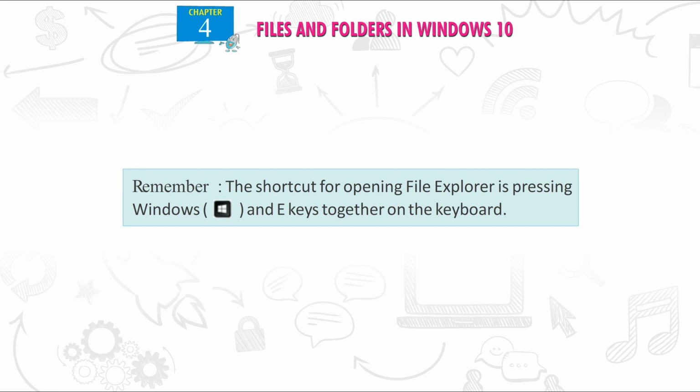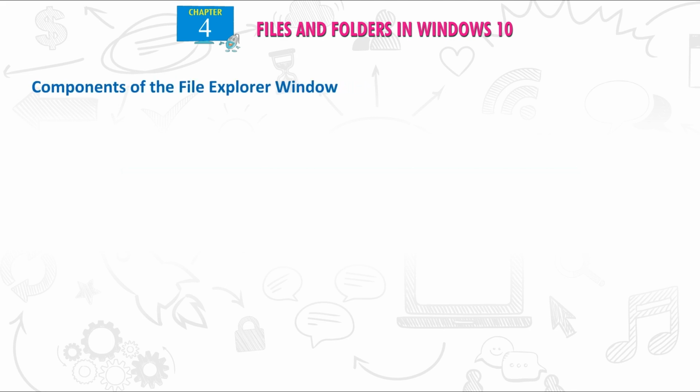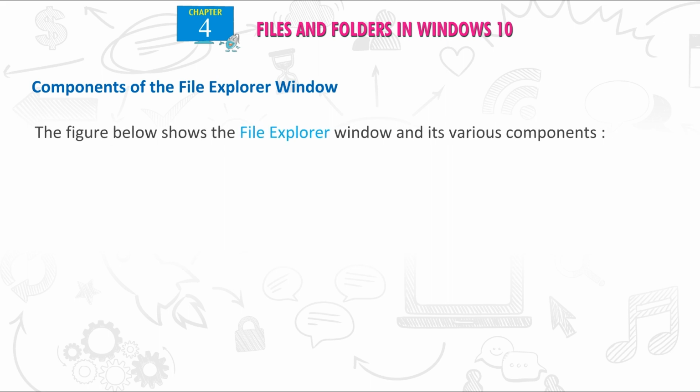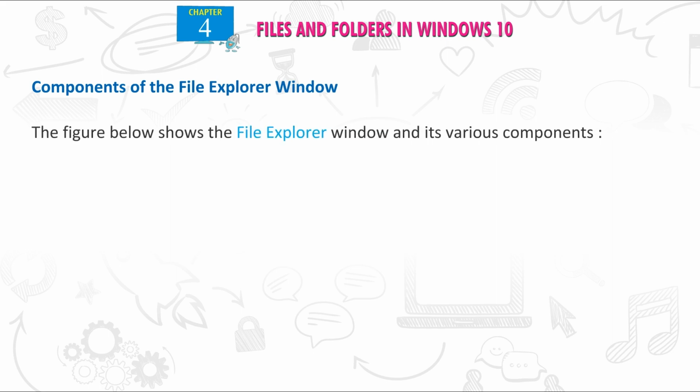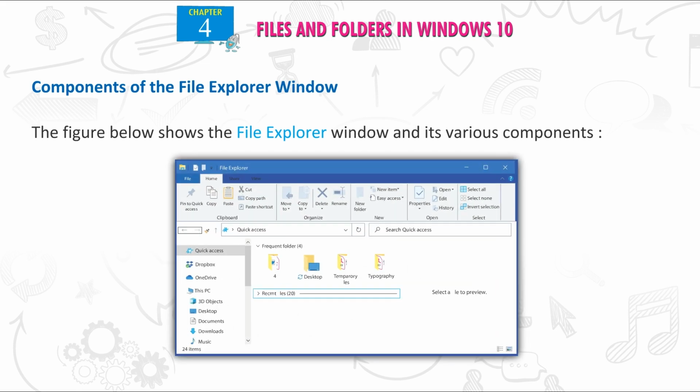Remember, the shortcut for opening File Explorer is pressing the Windows and E keys together on the keyboard. Components of the File Explorer window. The figure below shows the File Explorer window and its various components.